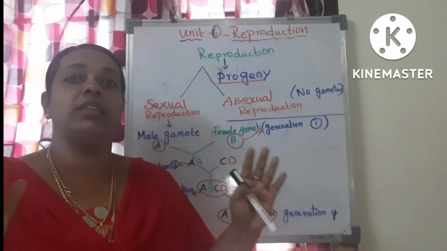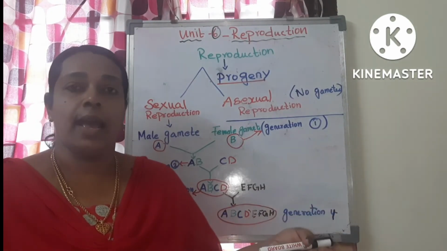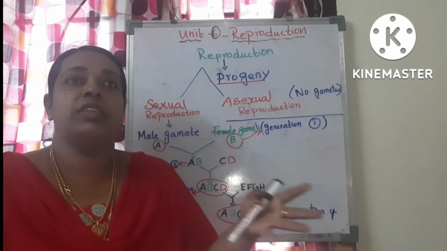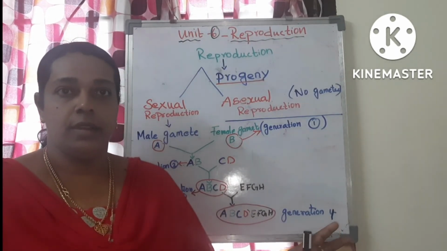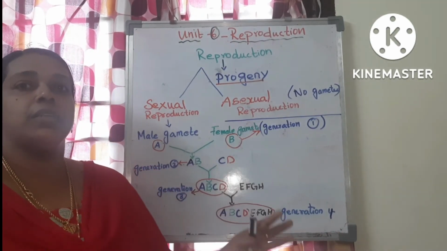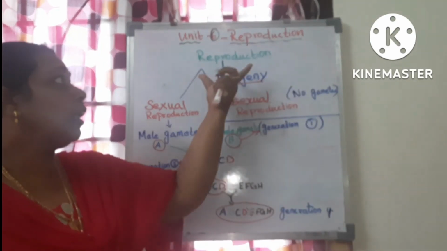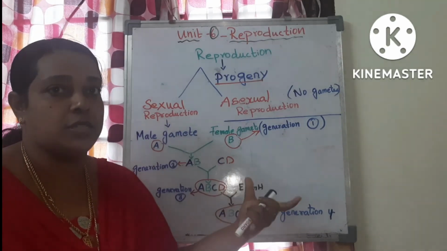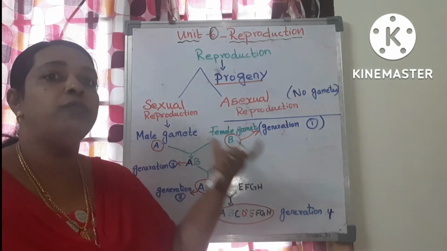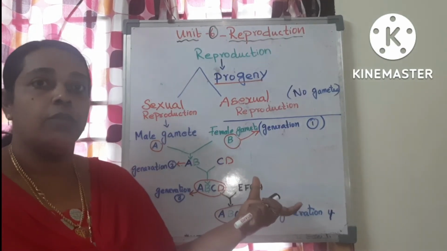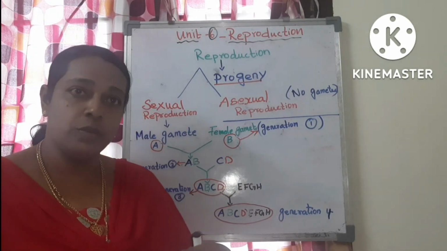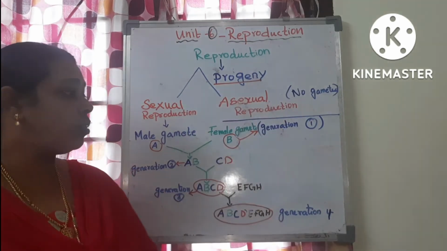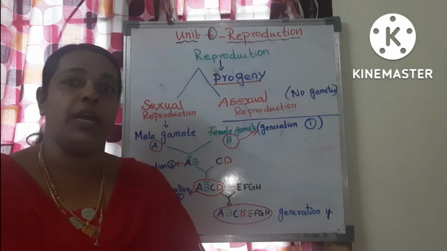Only non-living things like water, sand, and rock will be there, and no living organisms will be present on Earth. So reproduction is a very important process in the life of living organisms. We'll see reproduction in detail in the forthcoming videos. Now this is about the general introduction of reproduction.